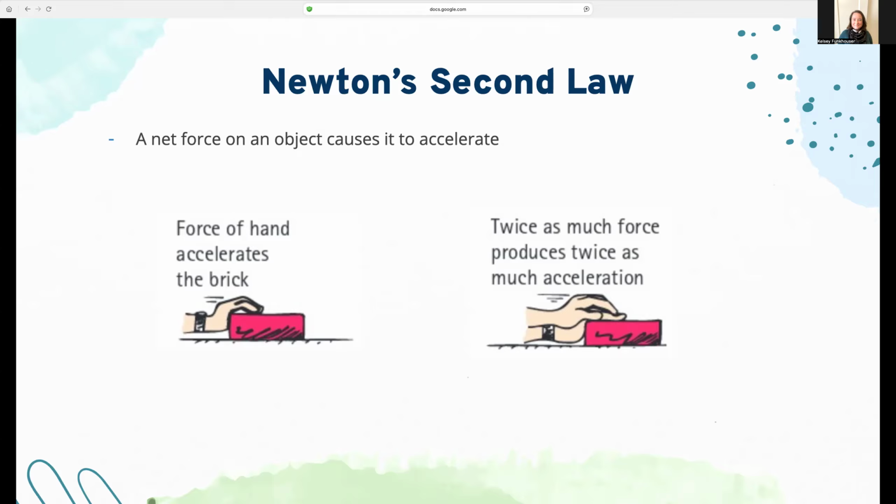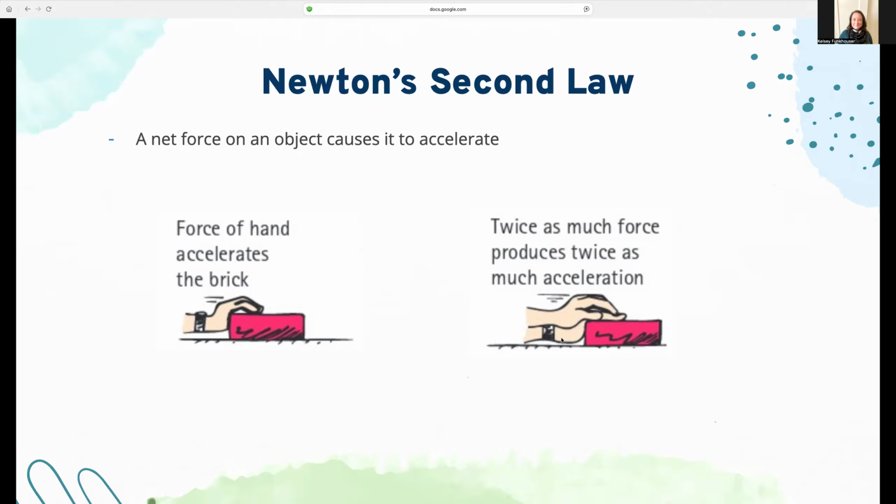We have an example here of a force of a hand accelerating a brick. This hand is applying a force to the brick, pushing it so that there's a net force, and that's causing acceleration, changing the motion from at rest to moving. If both hands are pushing and able to apply twice as much force, that also means it's going to go twice as fast.